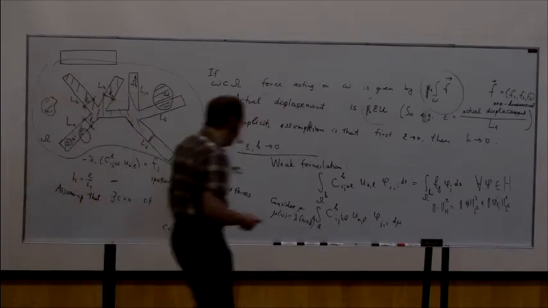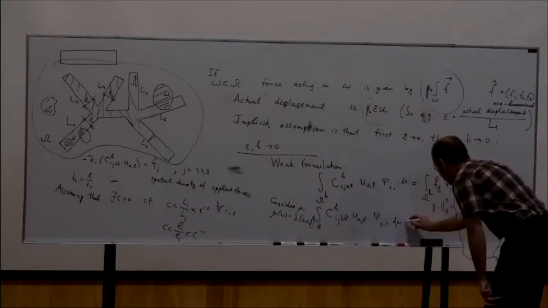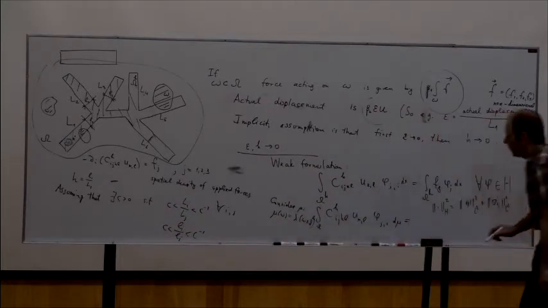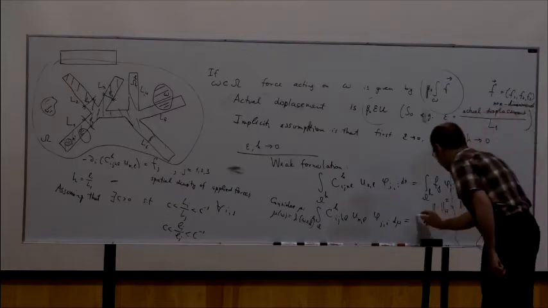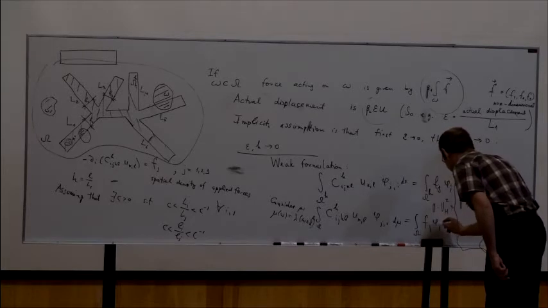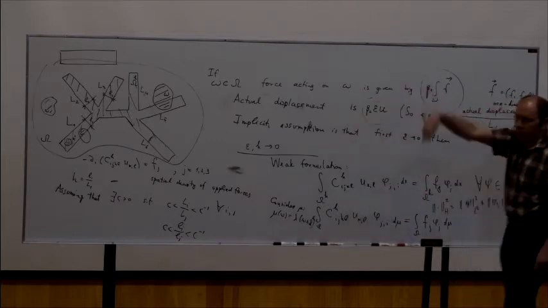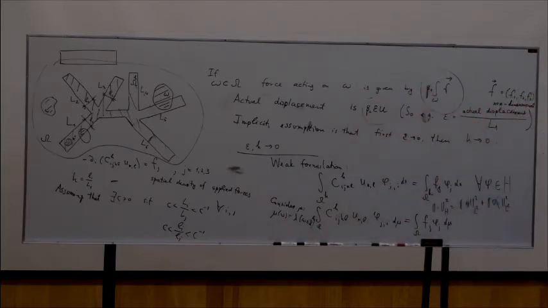But it doesn't matter at this stage if you don't do that. So you could write this formulation in this form, where you integrate over this domain omega that contains your structure.